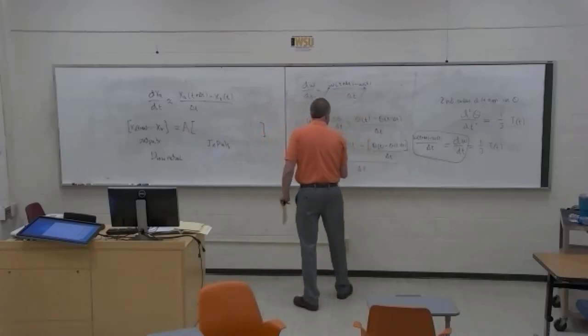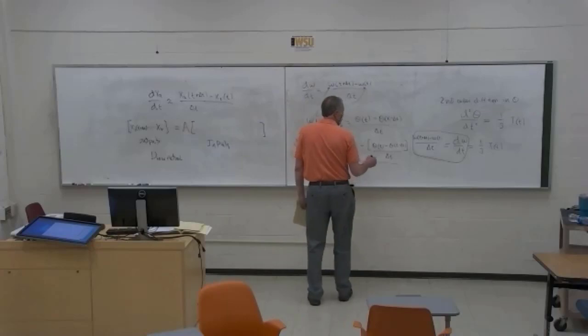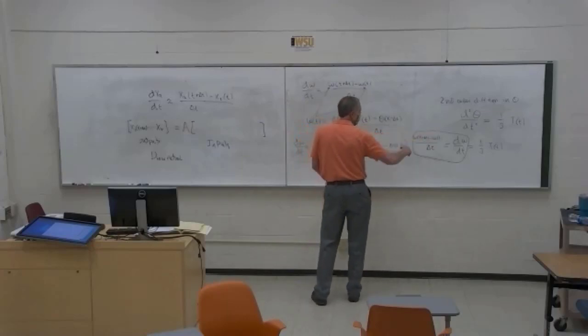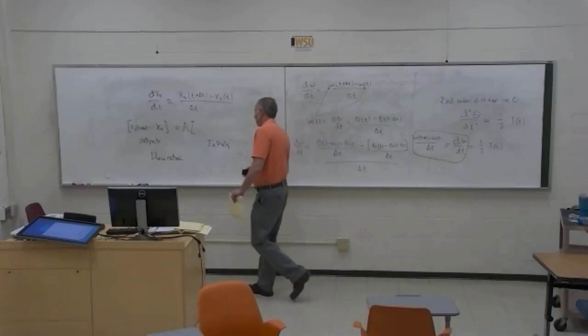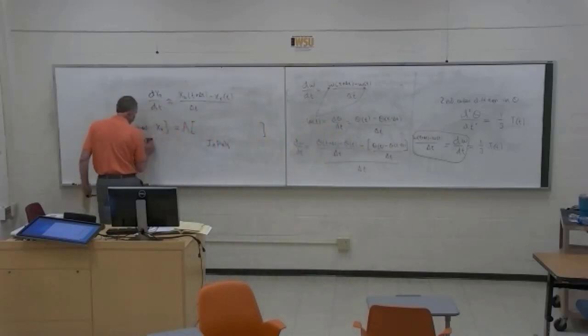And notice that now in our formula, this whole thing here is equal to 1 over J times torque of t. And there are no omegas. Everything's in terms of theta.